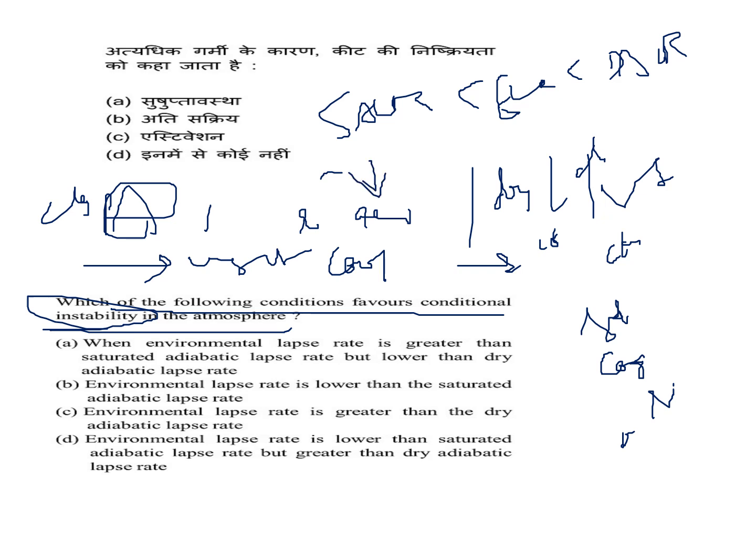If the air parcel that is moving is saturated, it cools slower than the environment, making it warmer and lighter than the surroundings, which is unstable in nature. Based on that, what is the answer? When the environmental lapse rate is greater than the saturated adiabatic lapse rate but lower than the dry adiabatic lapse rate, this creates conditional instability.